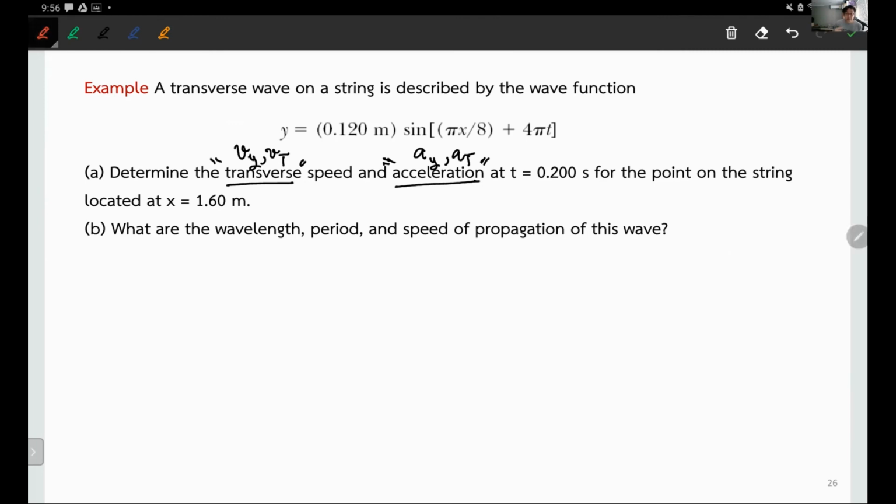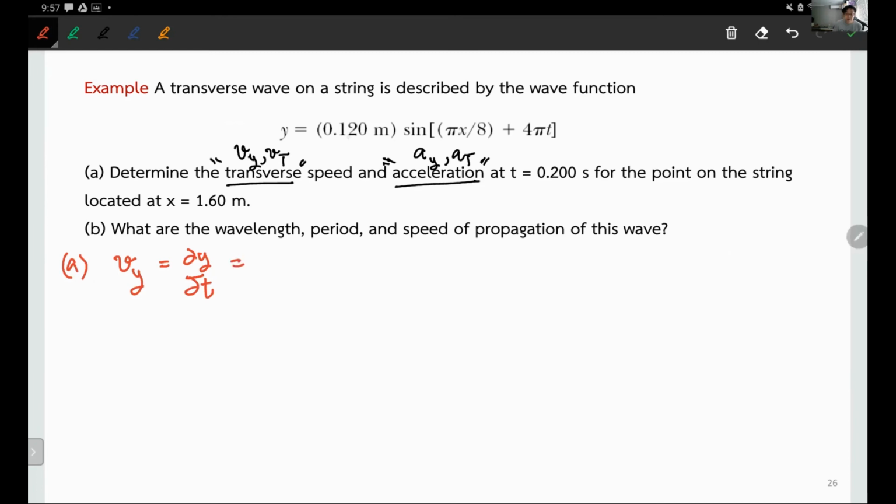A nice thing is I'm going to review how to do the derivative. So v sub y is just ∂y by ∂t. I'm using the curly d because this derivative is taken with respect to time, not x. You can treat x just like a constant.